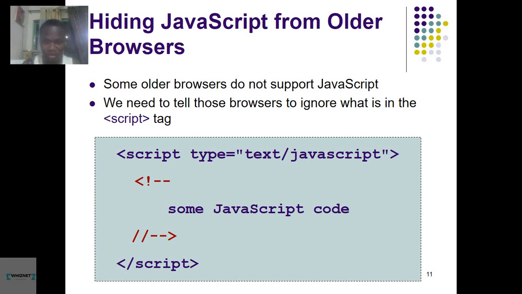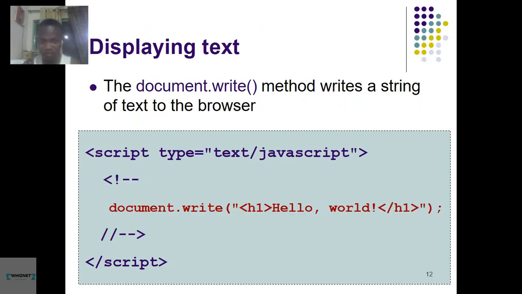So what we do is tell the browser to ignore what is inside the script tag and continue with the other markup language or other things. So now explaining what we use to display the text: the document.write method writes a string of text to the browser, just like we have tested it out and we have seen.